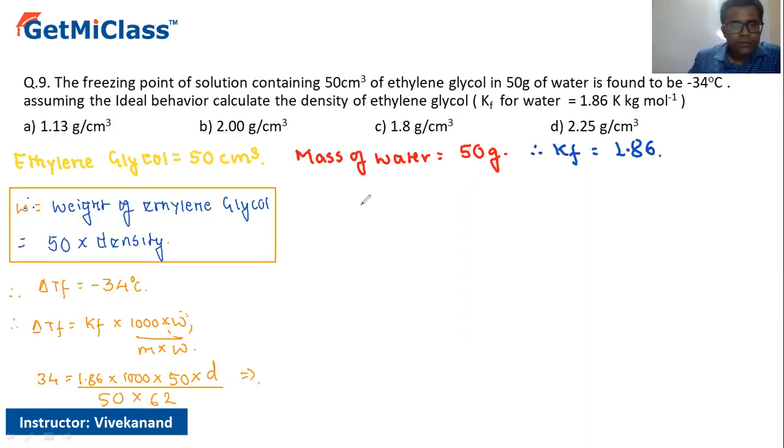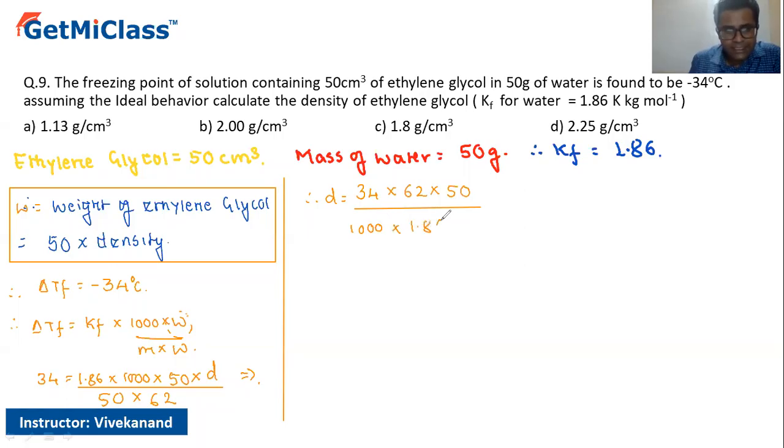So what are we going to have? Ethylene glycol, that is the weight of the ethylene glycol that we have taken. Therefore, density is equal to 34 into 62 into 50, the whole thing divided by 1000 into 1.86 into 50.